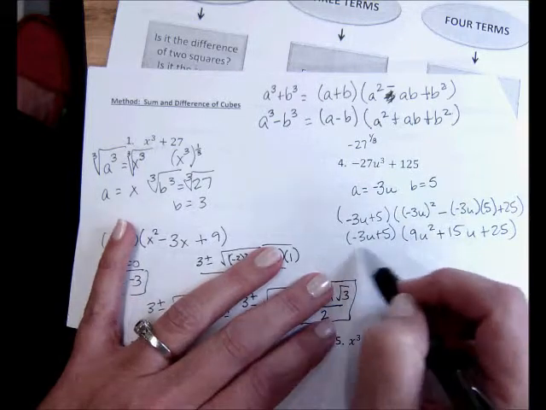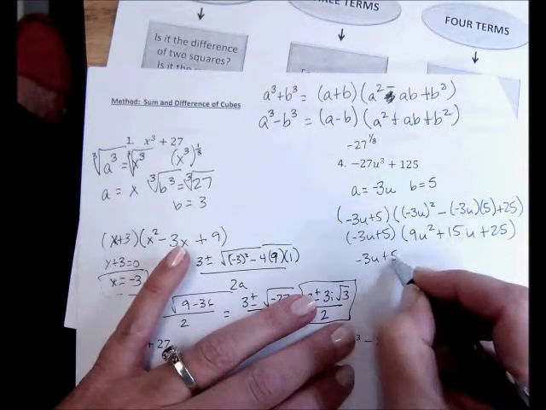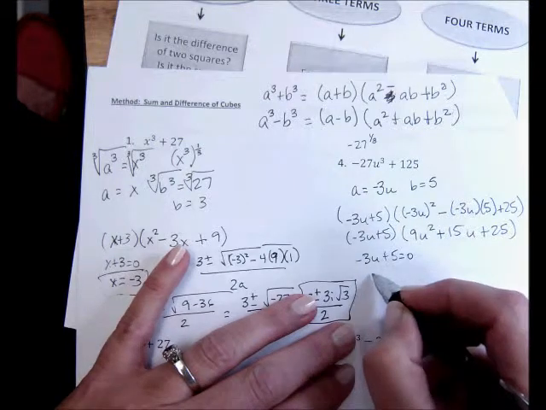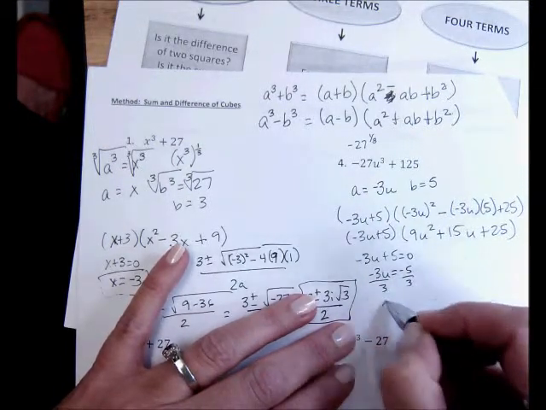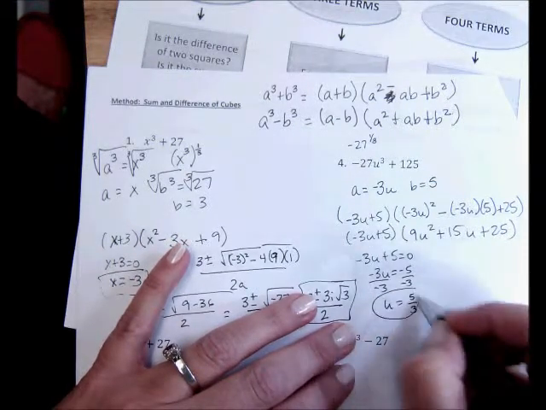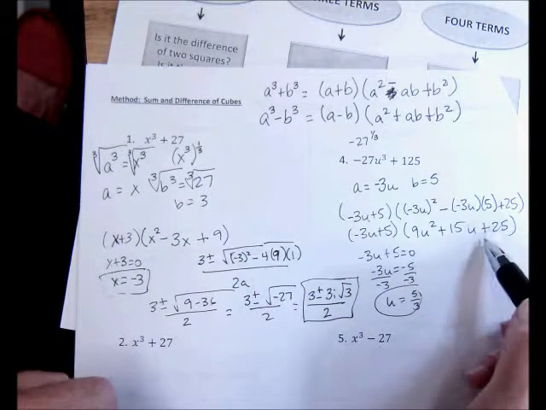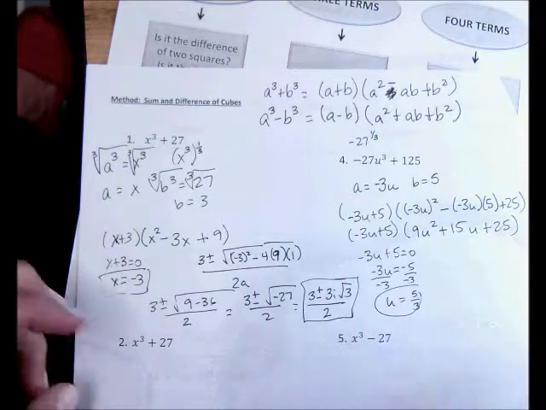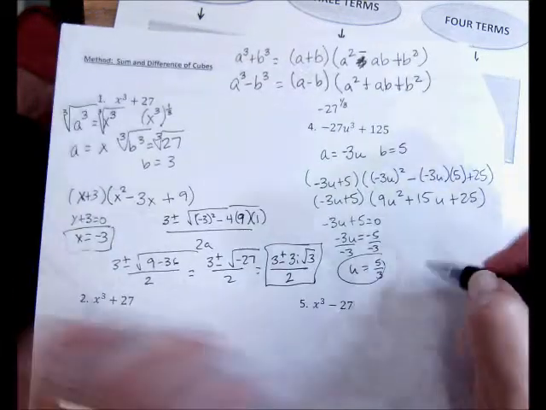And from here, I'm going to set this factor equal to 0, and I'm going to solve, and it's going to be -3u is equal to -5, so u is equal to positive 5/3, and then I'm going to use the quadratic formula again over here to solve for what u can equal there.